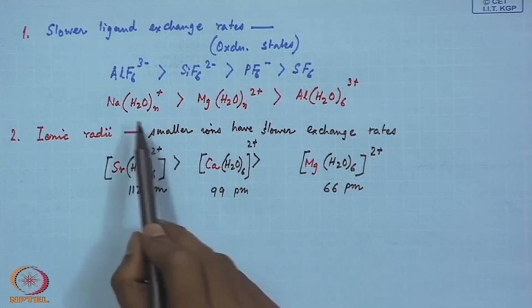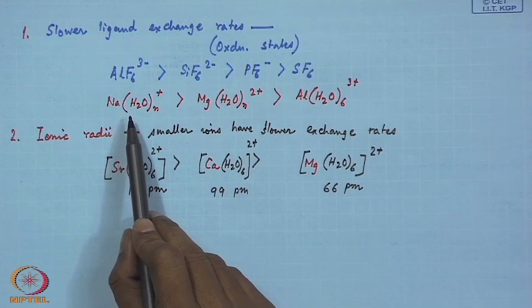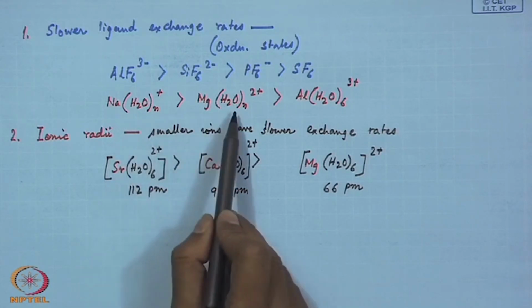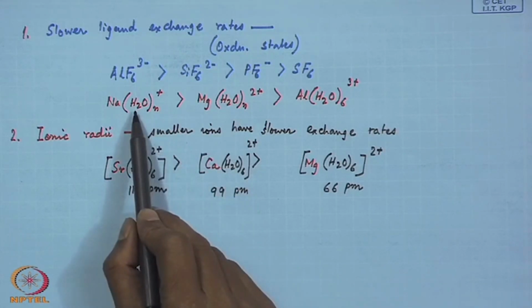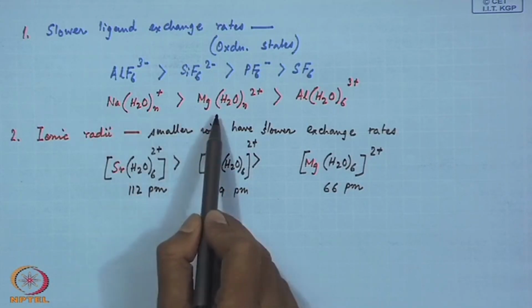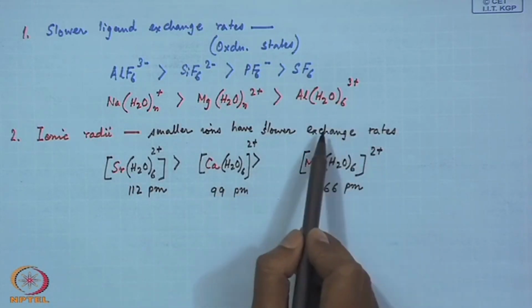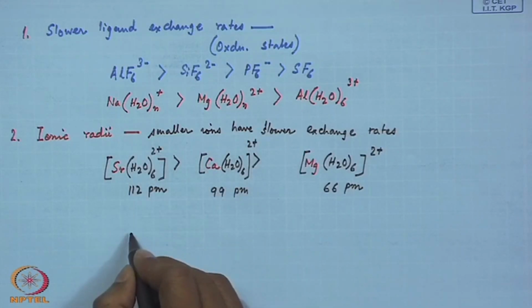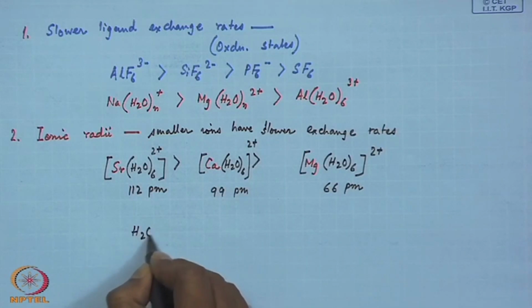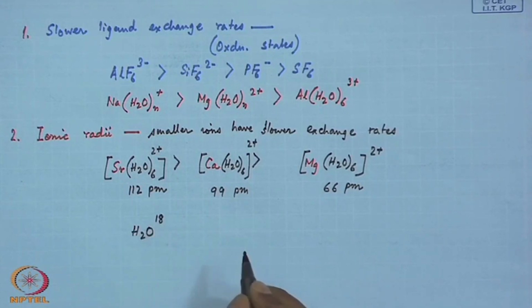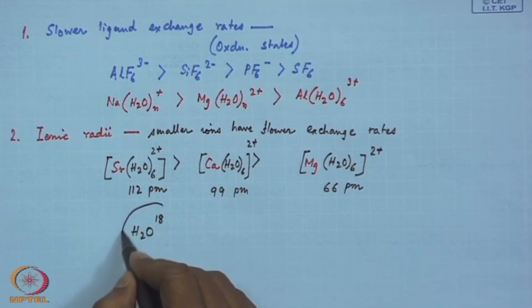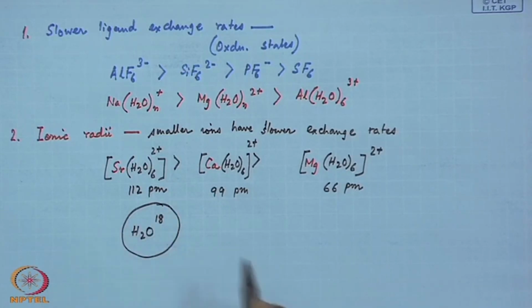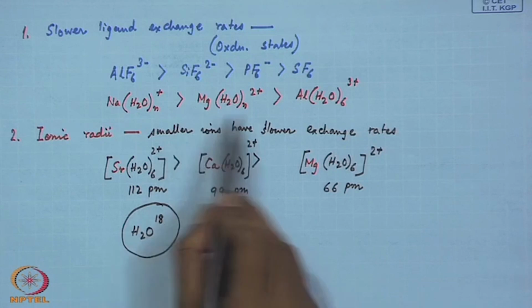So, if we consider the water exchange rate, we consider the water molecules which are bound to the metal ion exchanging with the bulk water molecules which are surrounding the system. Sometimes this H2O can be labeled by O18, and we can do experiments to see how this labeled water exchanges with these metal ions.